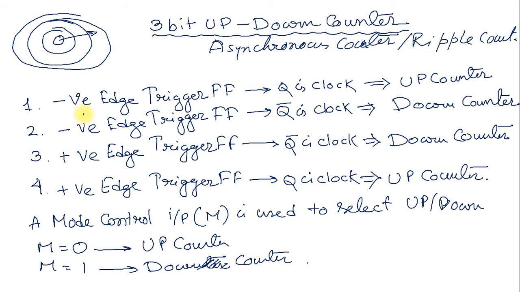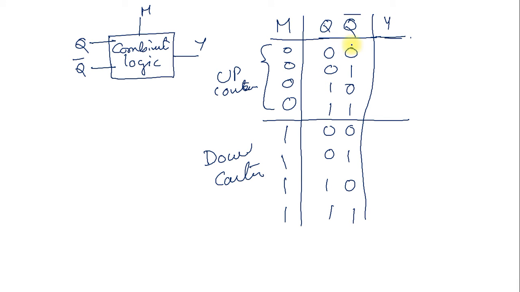Whenever we consider negative edge triggering, for an up counter we should take the output from Q, and for a down counter we should consider the output from Q complement. So here for the up counter, output Y should be the same as Q, and for the down counter, Q complement.